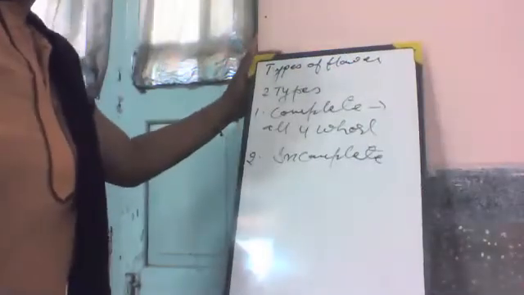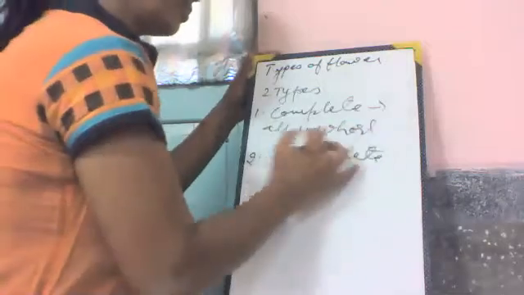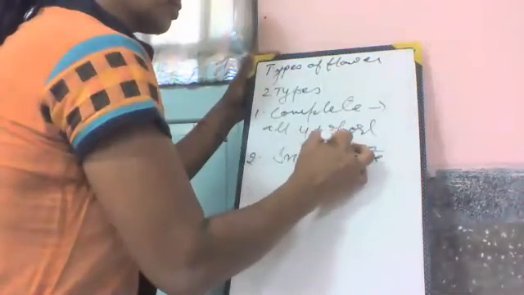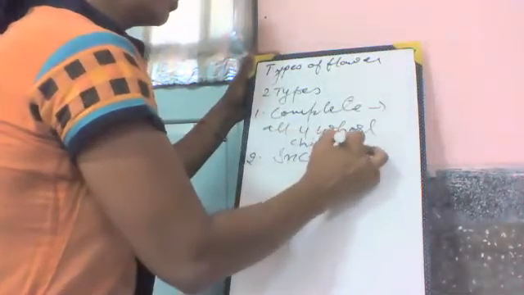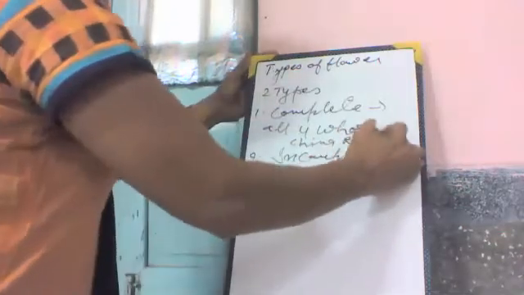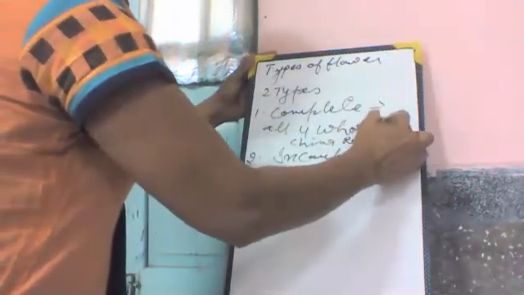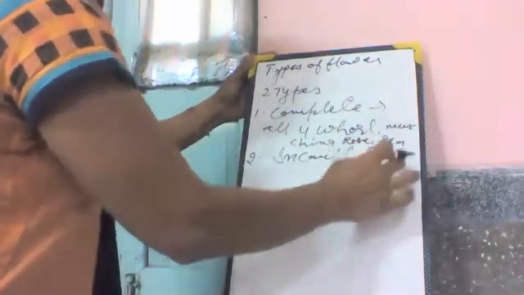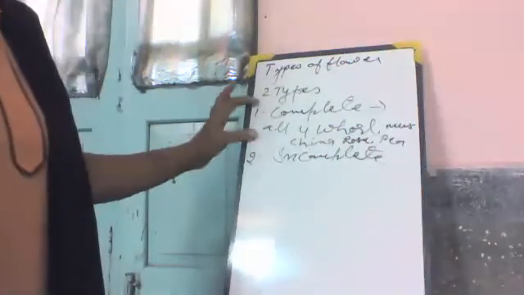The examples of complete flower are China rose, pea, and mustard. These plants have complete flower.